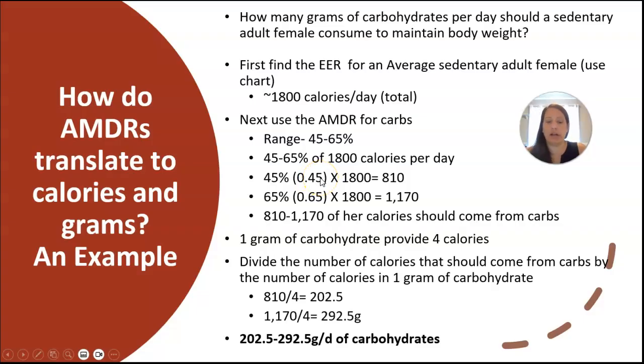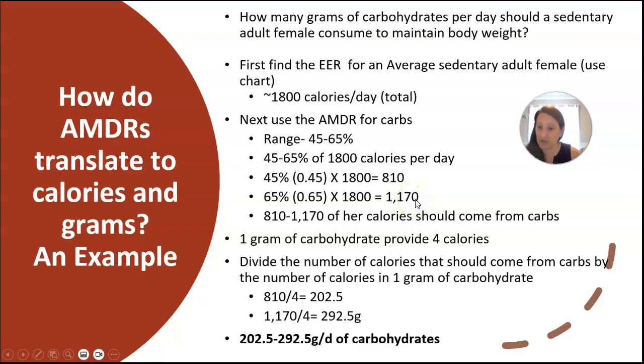And we're going to multiply that by the total number of calories she should consume in a day. So 0.45 times 1,800 equals 810. So on the low end of the range, she should be consuming 810 calories from carbohydrates. And on the high end of the range, 65%, same thing, 0.65 times 1,800 equals 1,170.